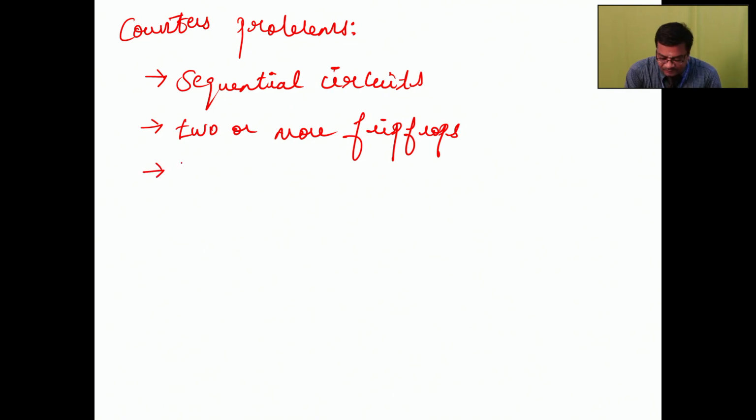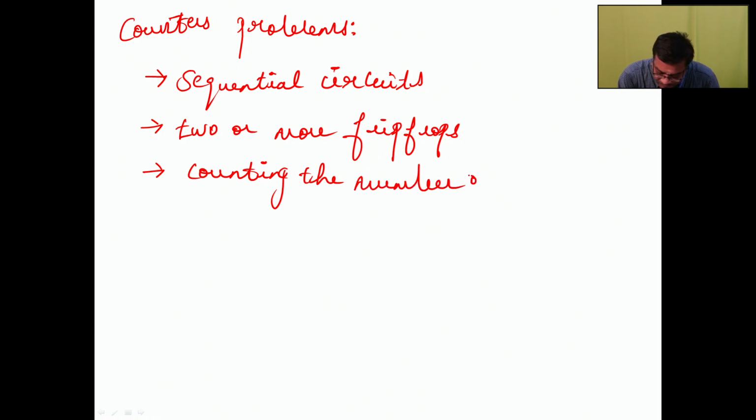and enabling counting the number of pulses that is crossing over the gate.